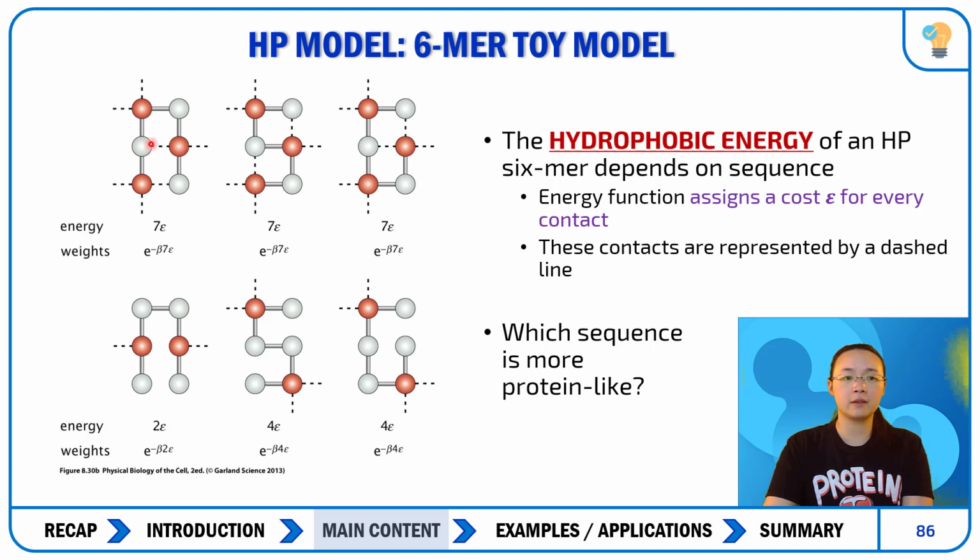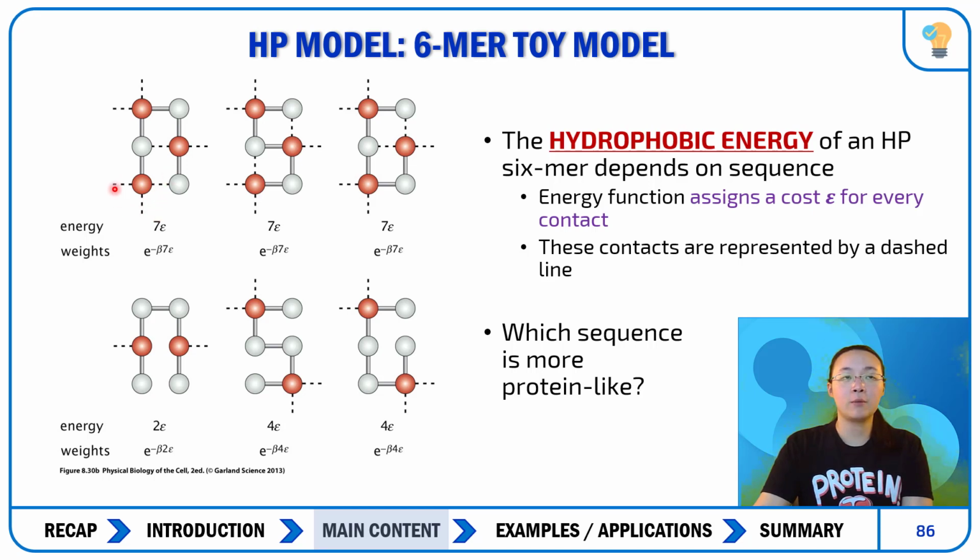So we just tack on all of the unfavorable interactions that could occur, add them all up, and give them an unfavorable contact or an energy cost.